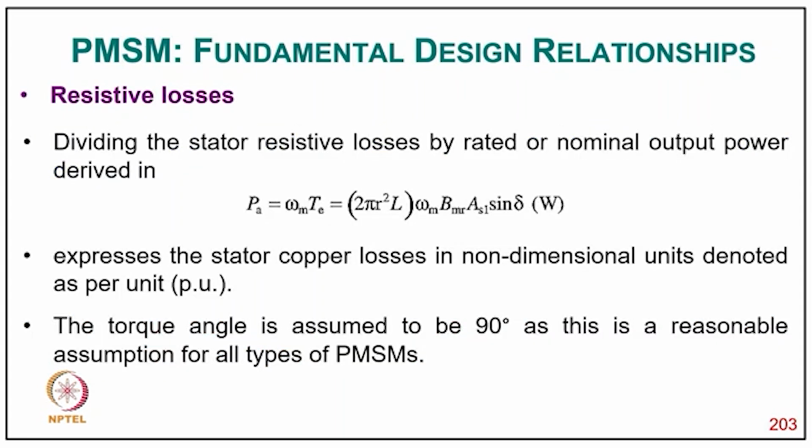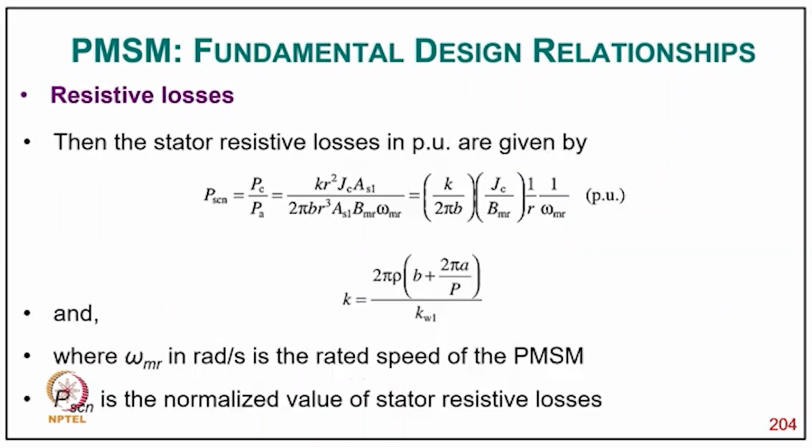So, dividing the stator resistive loss by the rated output power, where P equal to omega m T, that is 2 pi R square L omega m BMR AS1 sin delta in watts, expresses the stator copper loss in a non-dimensional unit denoted as per unit. The total torque angle is assumed to be 90 degrees, as this is a reasonable assumption for all types of permanent magnet synchronous motors.